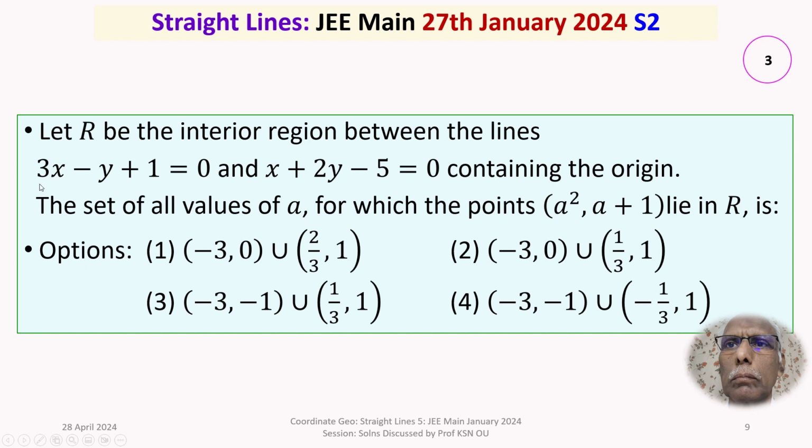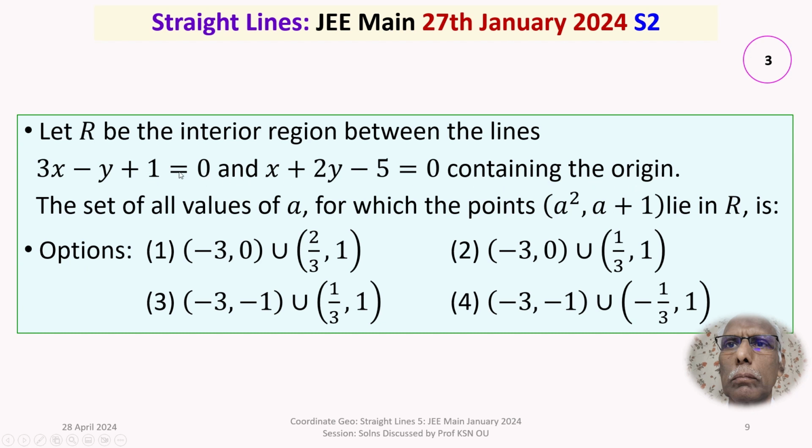So we are given 2 lines and R is the interior region between these 2 lines containing the origin. So you have to take these 2 lines and find out that region in which this origin is there.